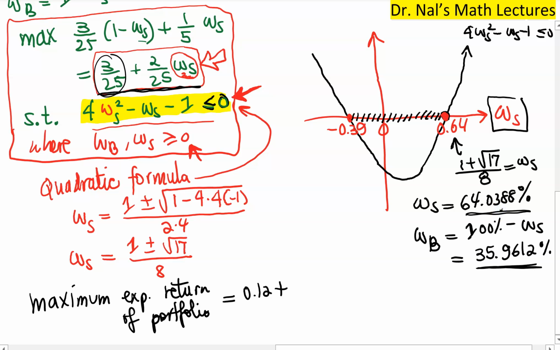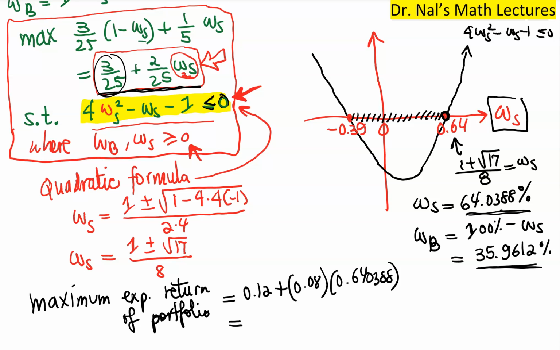WS is this number, so let me do the calculation. 2 over 25 equals 0.08, times WS, which is 0.640388, plus 0.12. Let me do the final touch-ups: that equals 0.171230, or 17.12%.